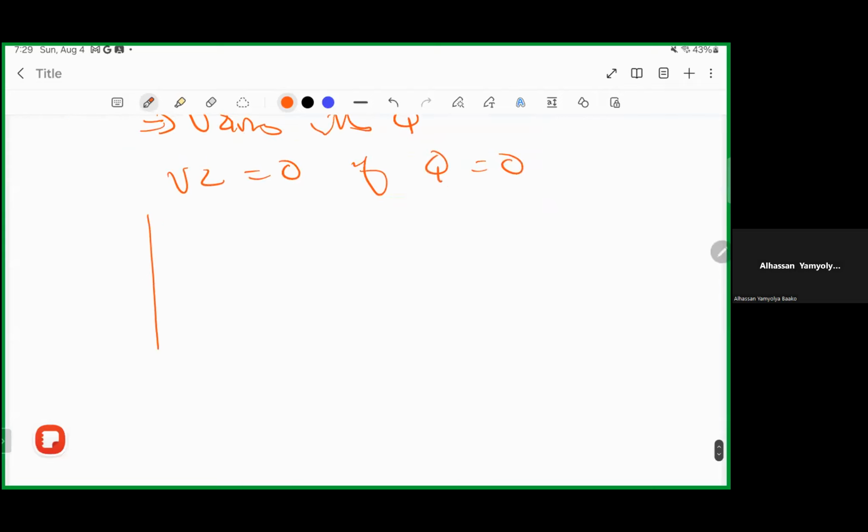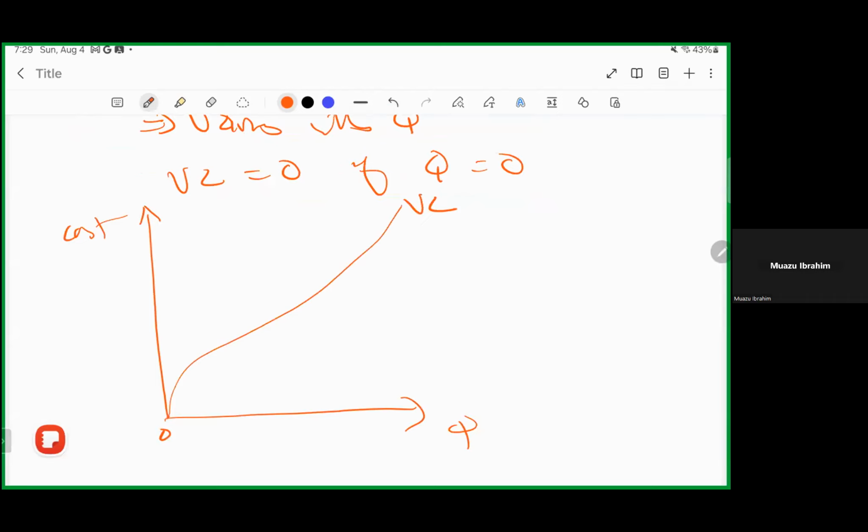So if you pick quantity and cost, this is how variable cost looks like. If output is 0, variable cost is also 0.